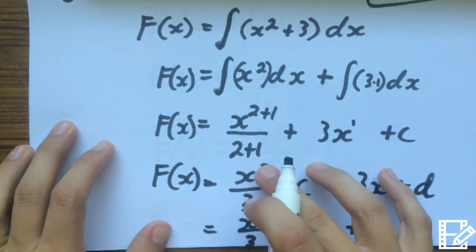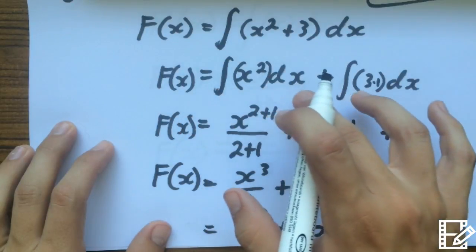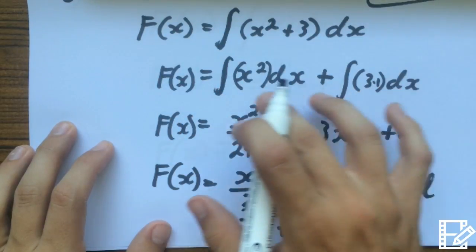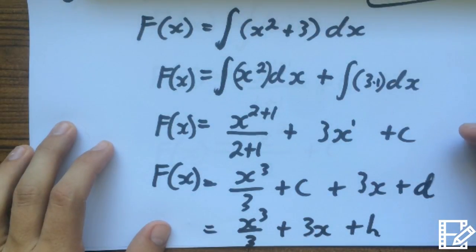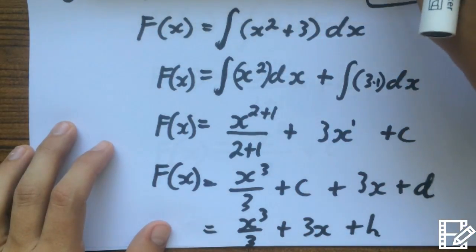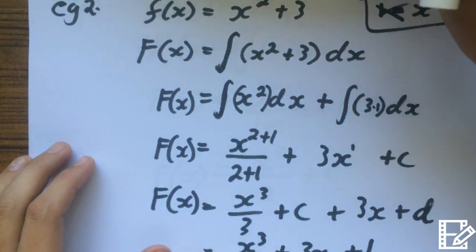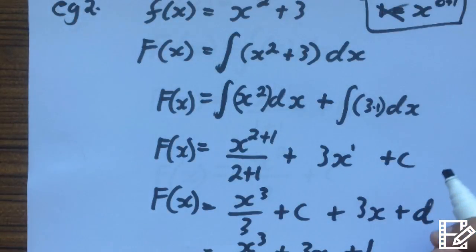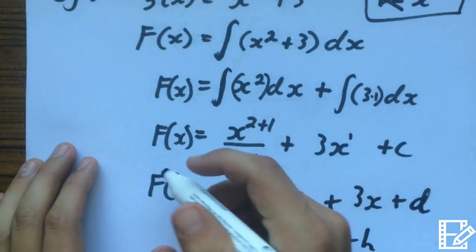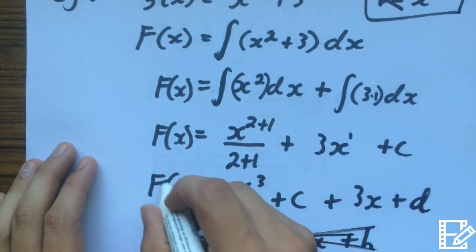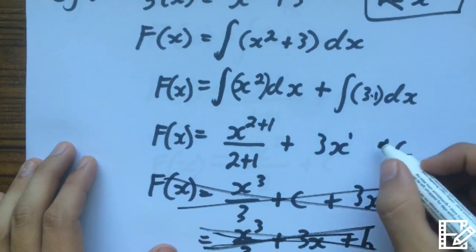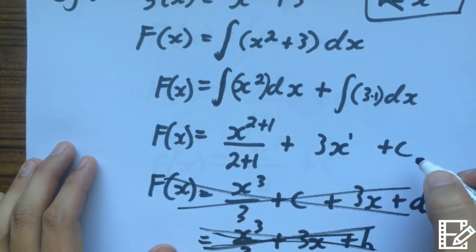People tend to integrate whatever needs to be integrated, and then they'll just add c on the end. I hope I didn't just confuse you, but that's generally the idea. So you don't have to do this or this. You could just do this and add c on the end.